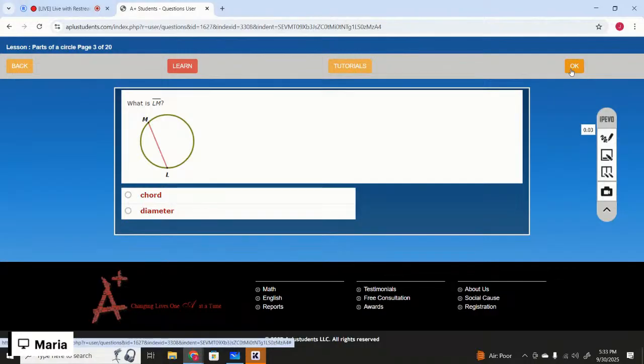That is the chord on the circle, right? The correct option is chord it is.